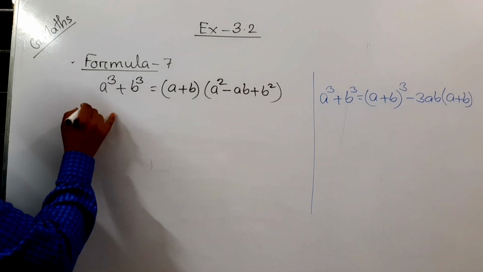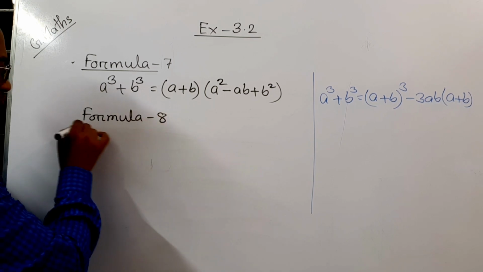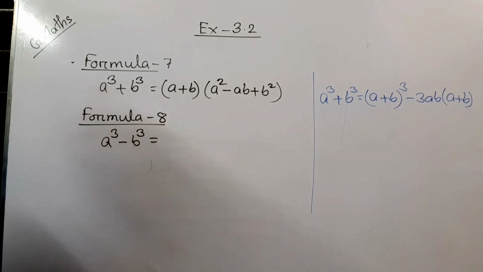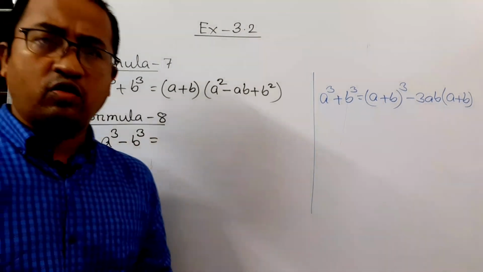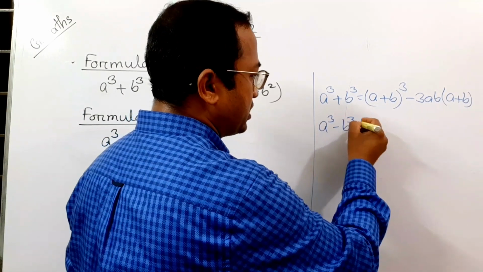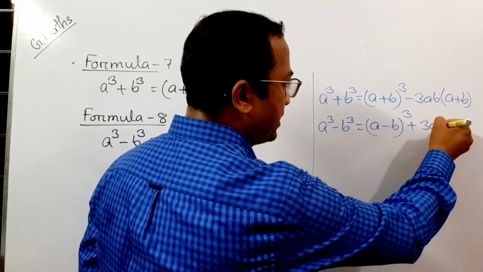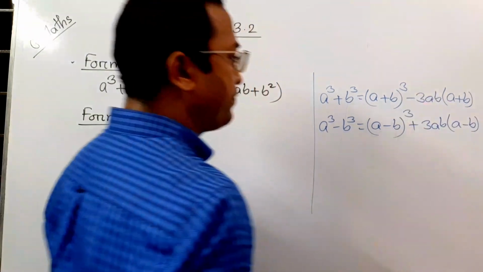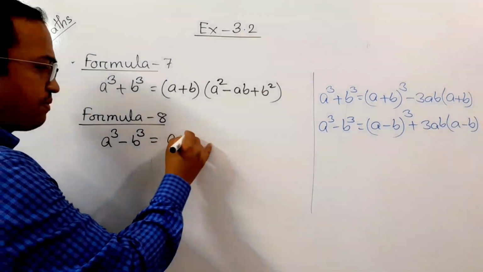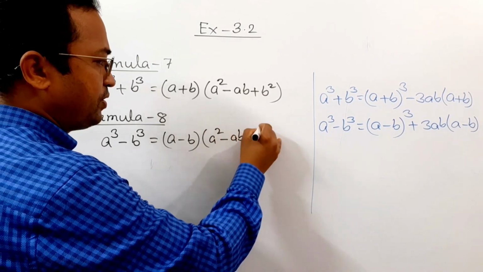Now formula number 8, that is a cube minus b cube. Yes, it also has a corollary. Just now I have shown you a cube minus b cube is equal to a minus b whole cube plus 3ab a minus b, and the formula of a cube minus b cube is a minus b a square plus ab plus b square.